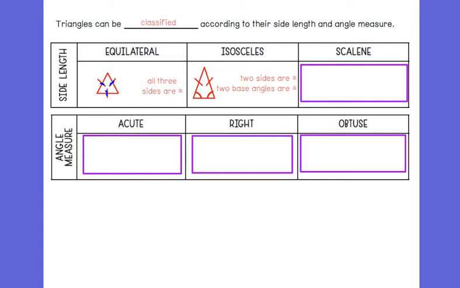Actually, they are congruent. That's why we're using those symbols. I remember isosceles being 2 from the 2 S's right there. I don't know why, it's just how I remembered it as a kid.